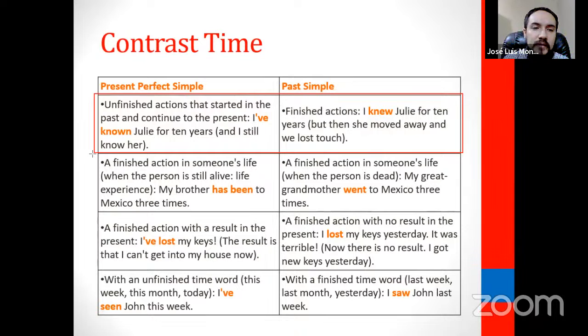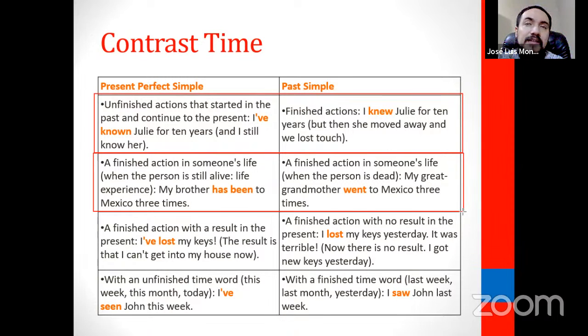Then we got the next part. Okay, that's one. Here we have two finished actions in the present perfect and in the simple past. But what's the difference? Look, in the present perfect simple, it says a finished action in someone's life when the person is still alive, life experience. When you talk about experience, we mentioned that we use the present perfect.